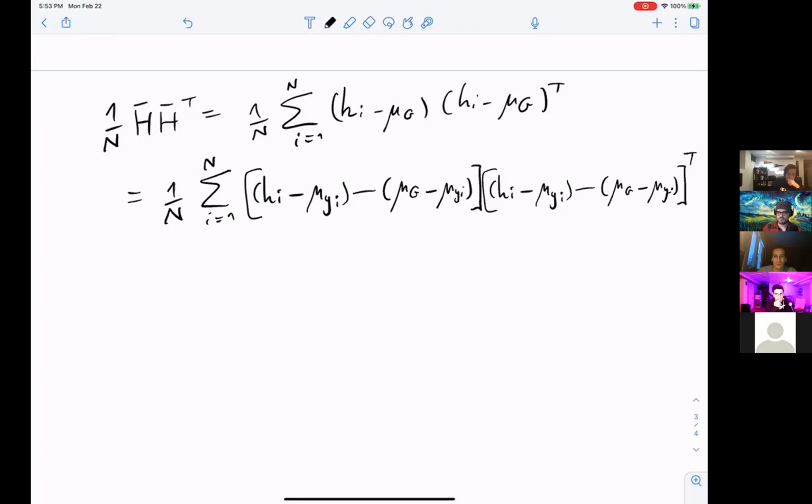Now, what I've done was just subtract and add a quantity, and the quantity is the class mean of the ith example. So for example, for i equal to 1, if the label was class 1, then mu yi is simply equal to mu 1.